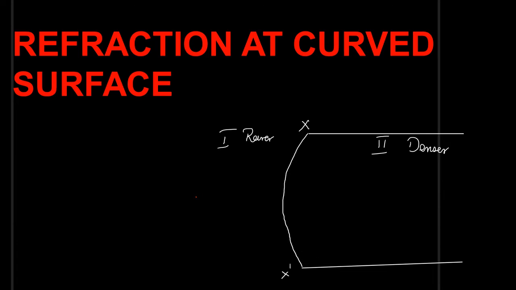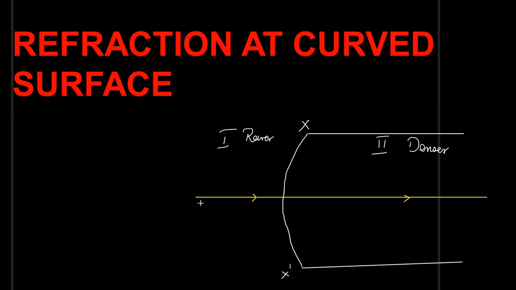The ray which is passing along the principal axis goes without any refraction. No refraction takes place to the ray which is through the principal axis because the ray is falling normal to the surface of separation between the two media.